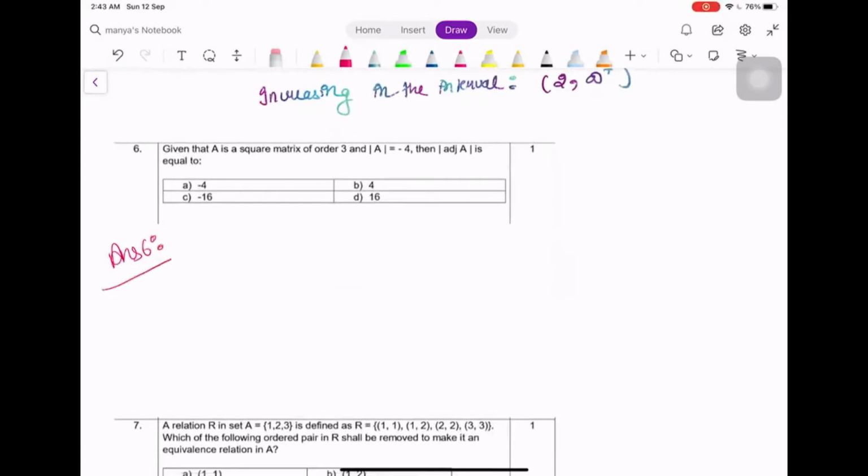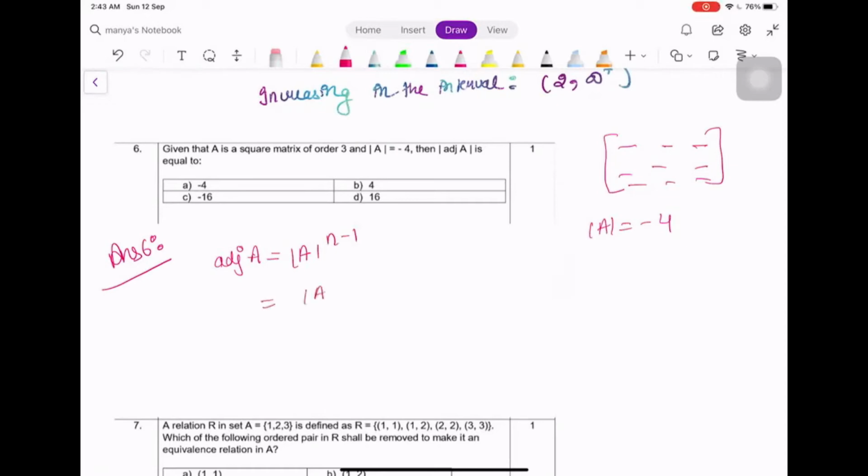given that A is a square matrix of order 3, modulus A is equal to -4, then adjoint A is equal to. We know that modulus of adjoint A is equal to modulus A raised to power n minus 1, where n is the order of matrix.